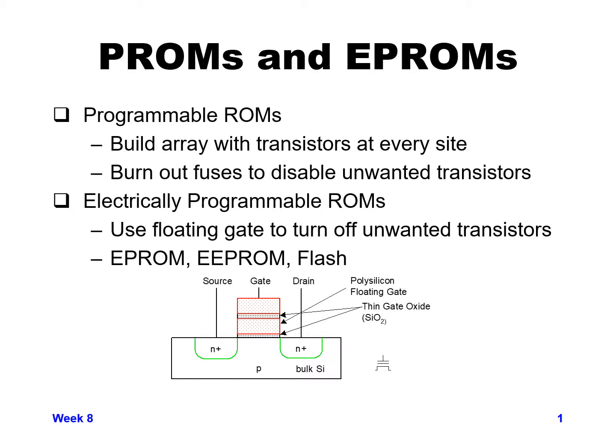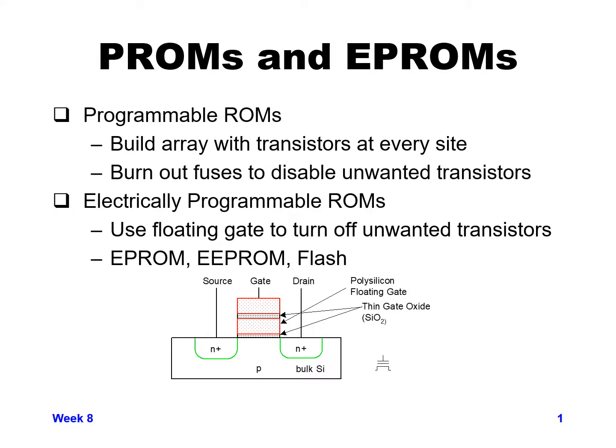So depending on how you have the floating gate programmed, you can put your normal gate voltage on the transistor, and it effectively won't turn the transistor on. If you put a different amount of charge on the polysilicon floating gate, when you raise the gate voltage, it will turn the transistor on.